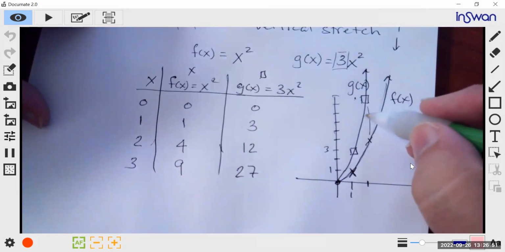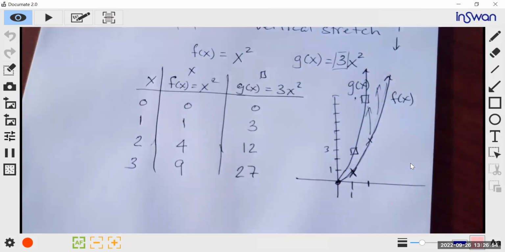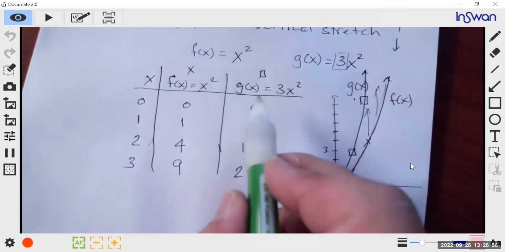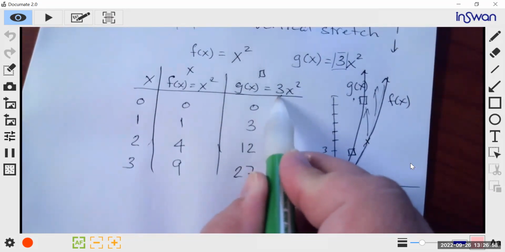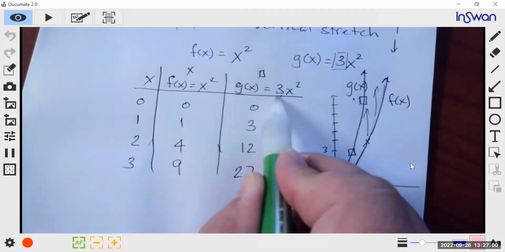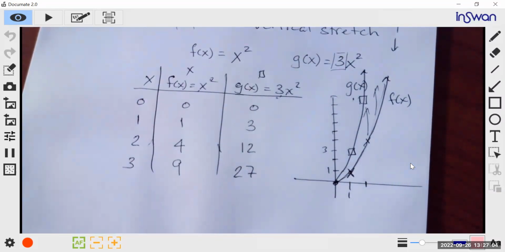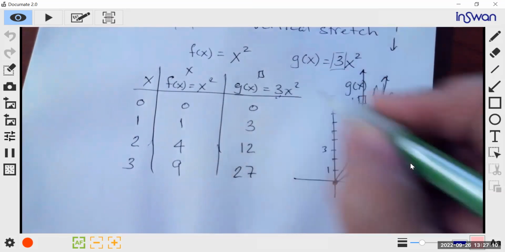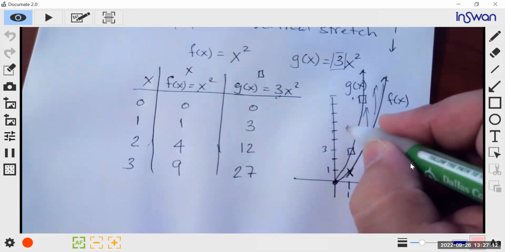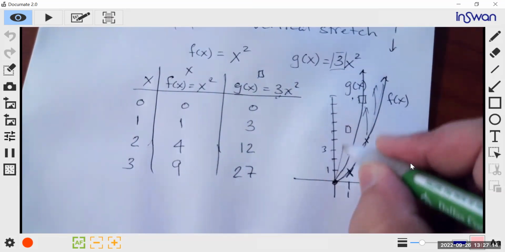If I stretch it up, I get the g of x. That's what happens because I have a coefficient bigger than 1. The bigger your coefficient, the faster it grows. So if I had a 5 here, it would grow much faster.